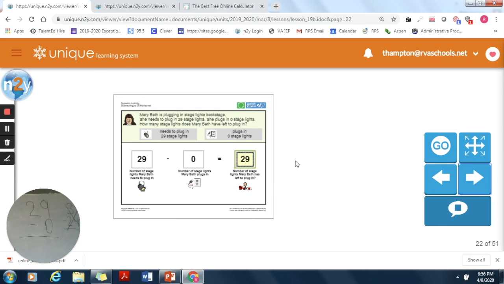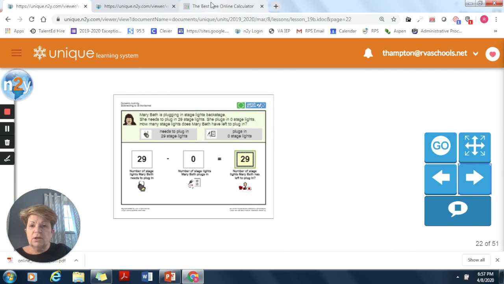So 9 minus 0 is still, right, if you had 9 pieces of candy, but you didn't give any of your friends any candy, you still have how many pieces of candy? Very good. You have 9. And then we know under the 2 there are no numbers. So we just bring our 2 down. And we have 29.